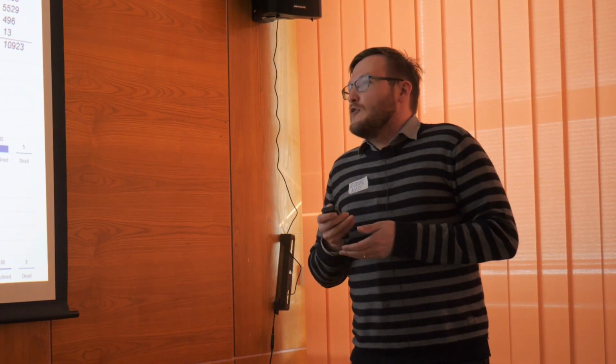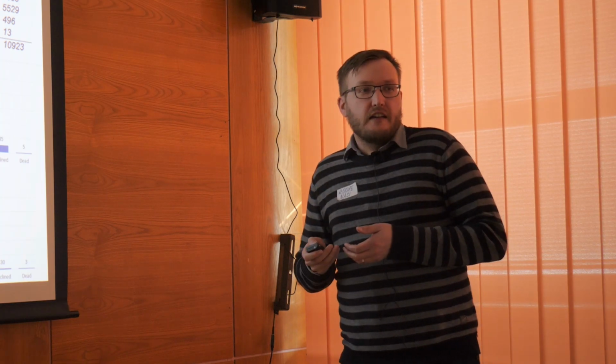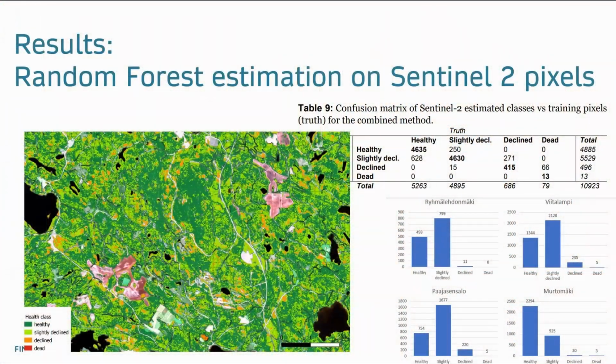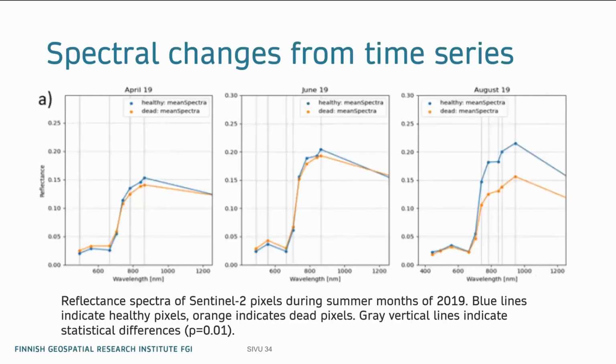We are no longer trying to say that it's green attack, because now we understand that in one pixel it can go to the slightly declined or declined class if there are both dead and healthy trees. So in the average it can still be in the middle class. So we will not say that it's green attack, but there is some kind of declination going on. Yes, so here again are similar things, the distribution of different classes in the different areas.